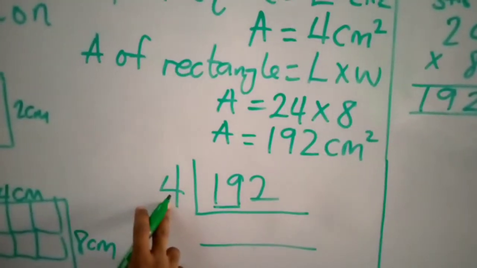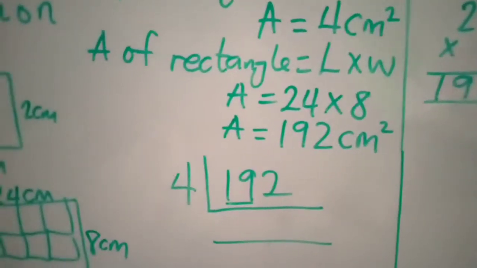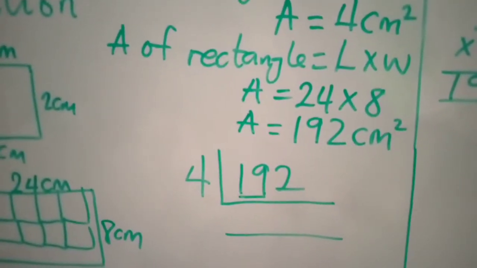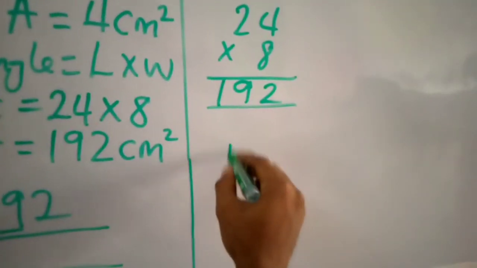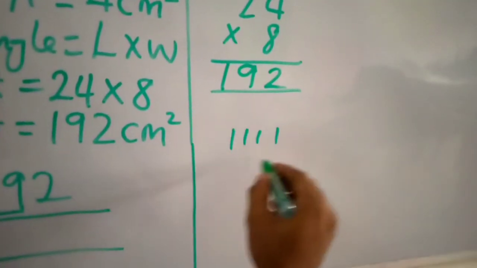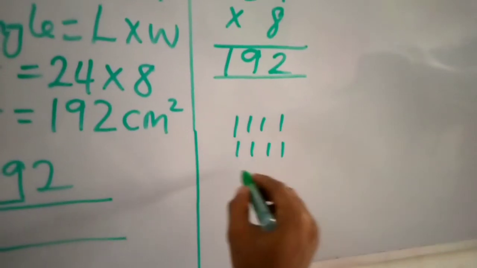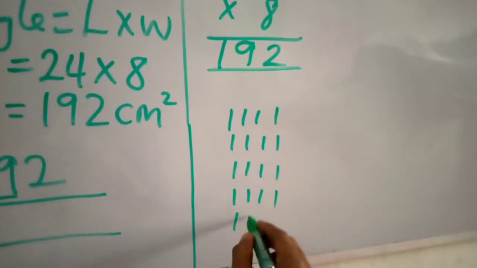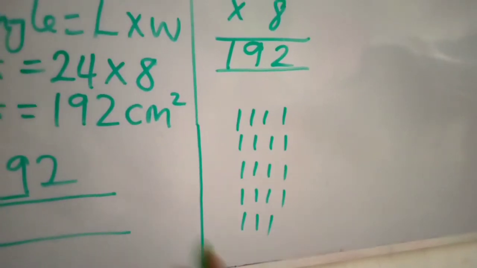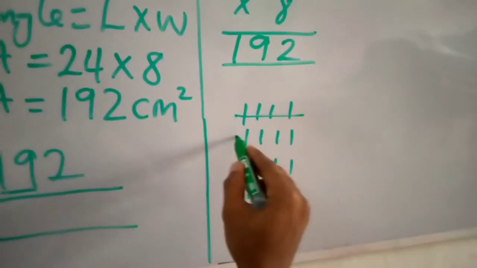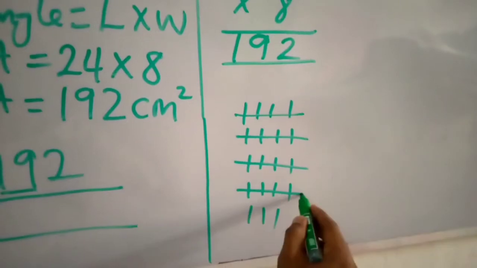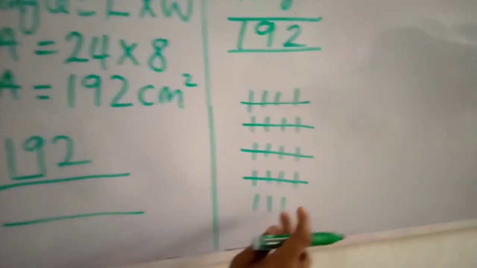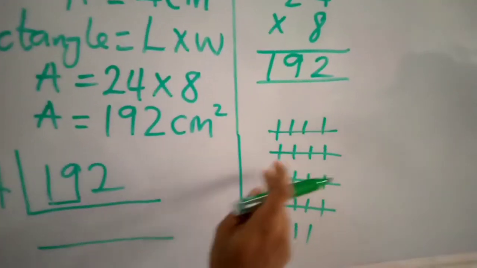How many times can 4 go into 19? Using the 4 times table, let's count it: 1, 2, 3, 4, 5, 6, 7, 8, 9, 10, 11, 12, 13, 14, 15, 16, 17, 18, 19. 4 times 4 is 16, and it is not up to 20, so we have 4.